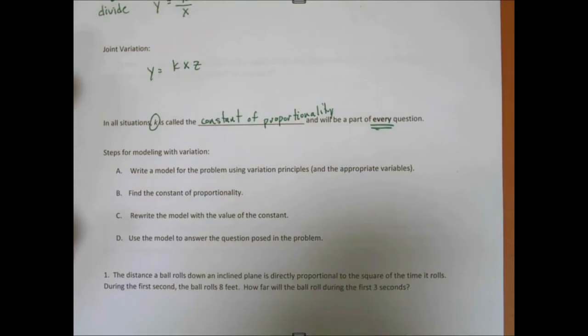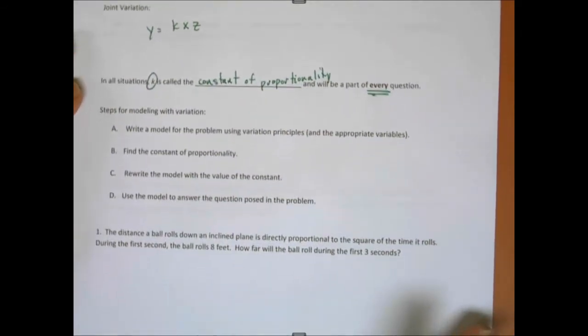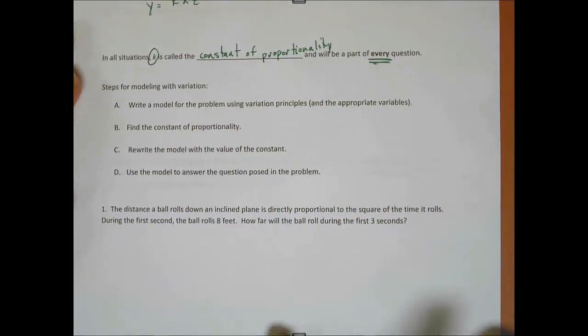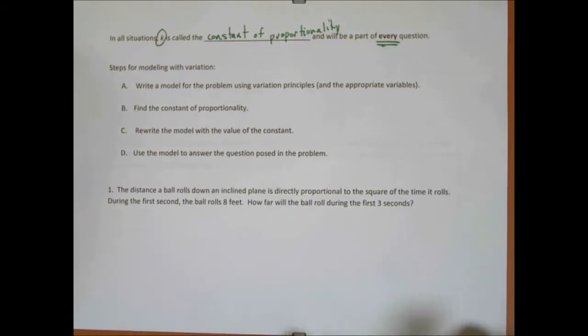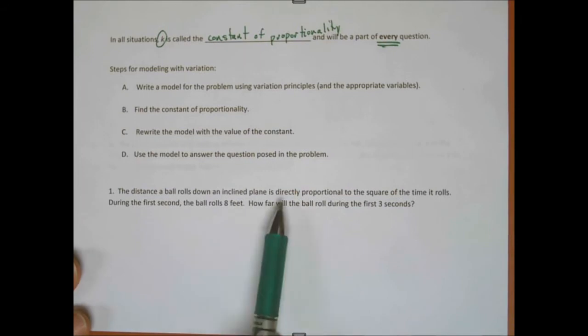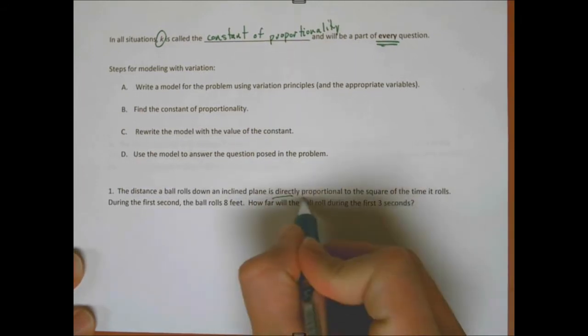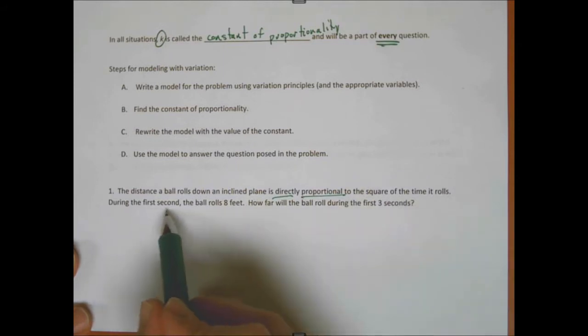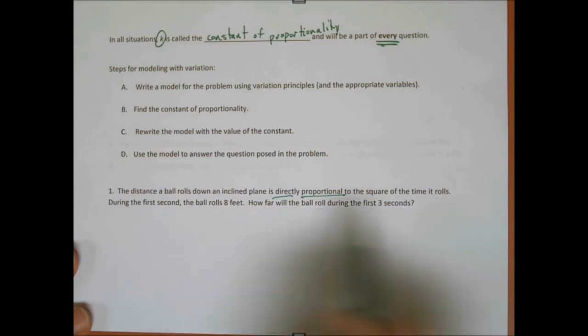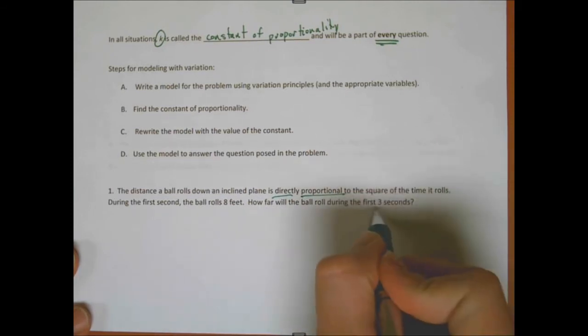Okay, so here are some steps, and you can pause and read through those, and we're going to go through them in each of these problems. This first one says the distance a ball rolls down an inclined plane is directly proportional to the square of the time it rolls. During the first second, the ball rolls 8 feet. How far will the ball roll after 3 seconds?